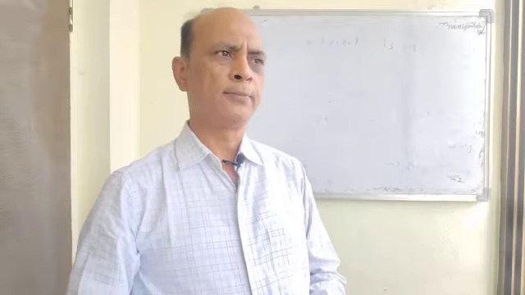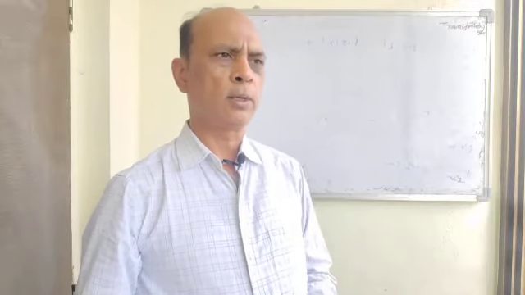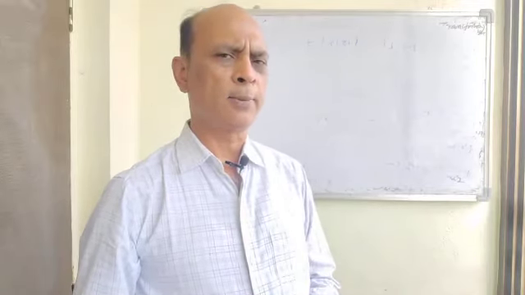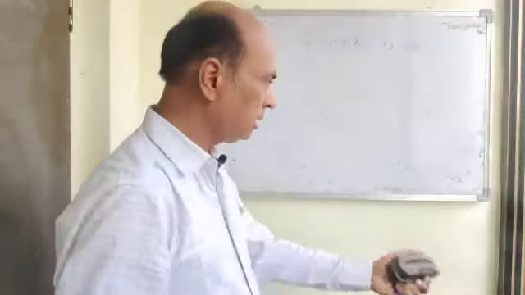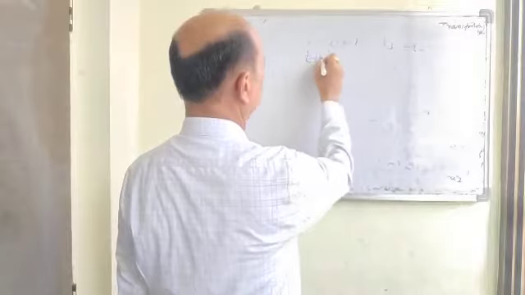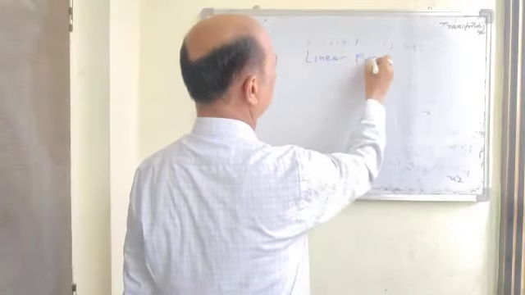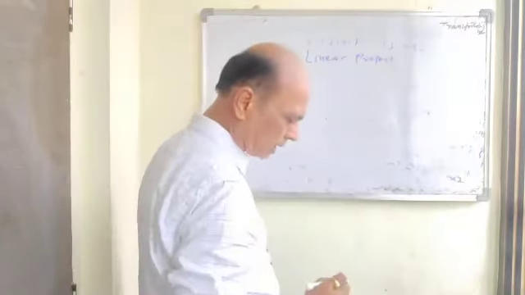We have seen these results for complex Fourier transforms, and similarly you can prove all these results, or you can understand them by applying them to the Fourier sine transform and cosine transform. For example, suppose we have to find the linear property of the Fourier sine transform.